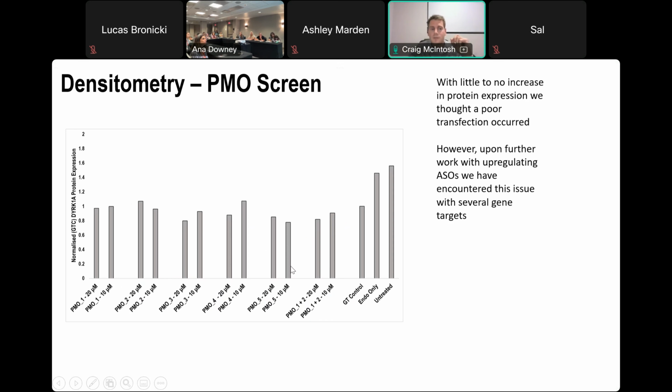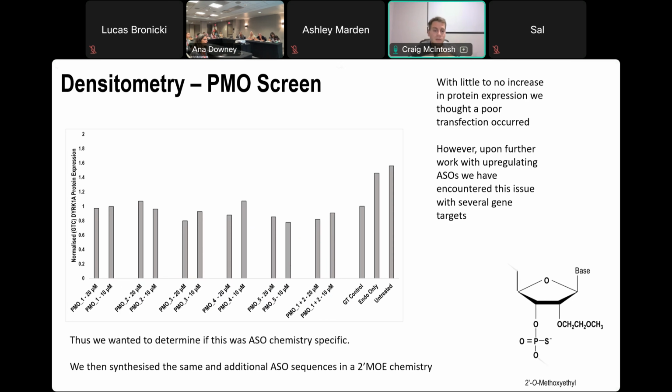So that's why sometimes you can see a bit of decrease here. It's just about managing dose and other factors related to the compounds. So for this reason, we looked at getting a different chemistry.